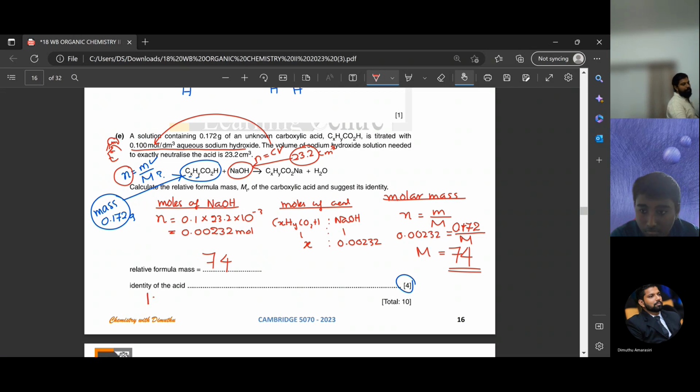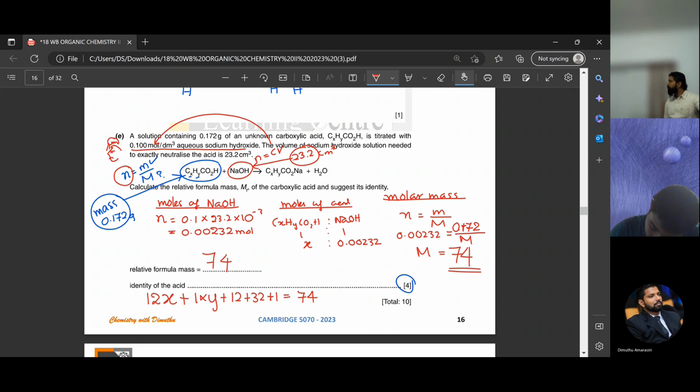Carbon is 12. How many carbon atoms are there? x. Then it's 12x. How many hydrogen atoms? y. So 1 into y. And COOH twice: 12 plus 32 plus 1, is equal to what? 74.